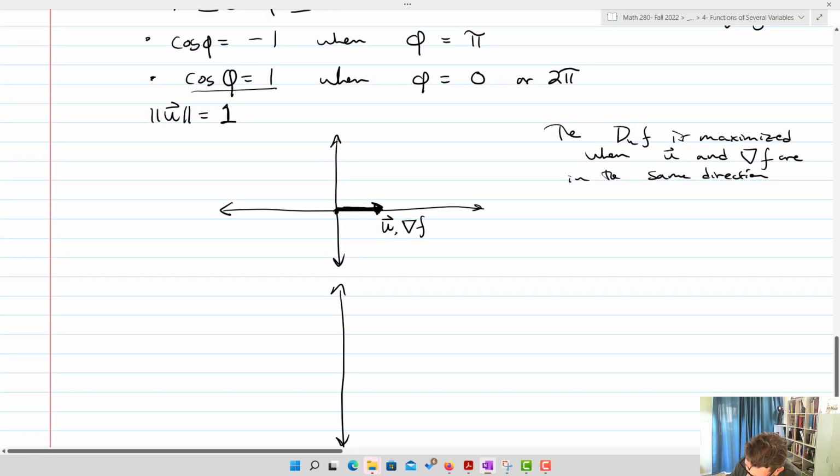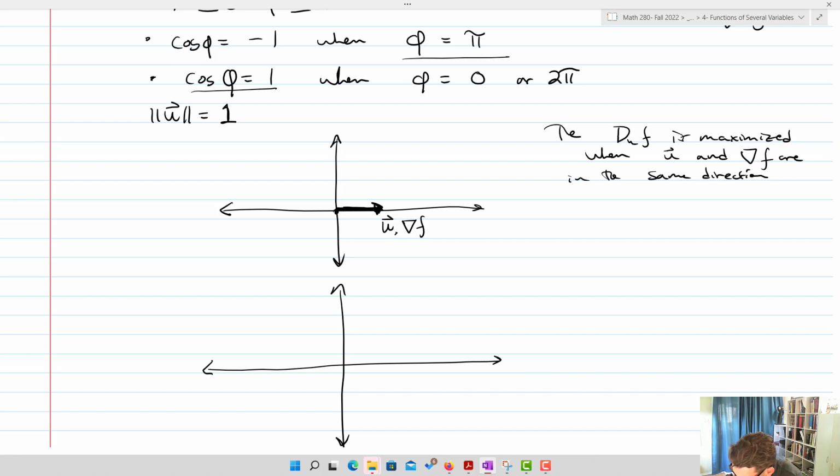Now, if I move it a little bit differently, when is phi going to equal pi? Well, the angle between the two of them is now 180. So if this direction is u, then this is del f, pointing in opposite directions.